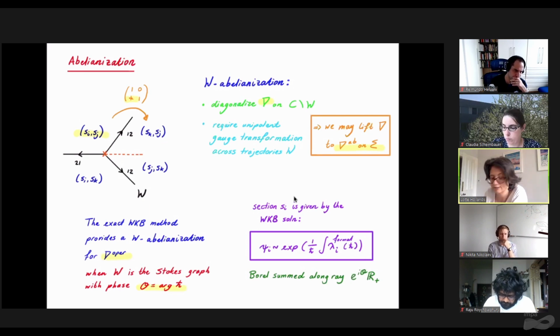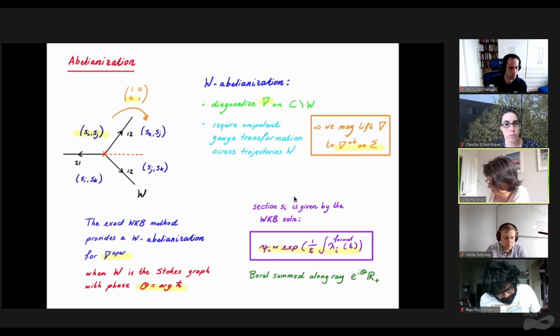In that case, the local sections s_i are given by the local WKB solutions, that is, they can be approximated by a formal WKB expansion, as is here. And the exact sections can be found by Borel resumming these formal expansions along a ray with phase theta.